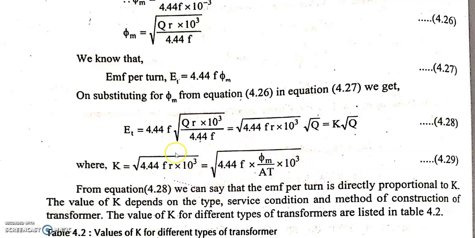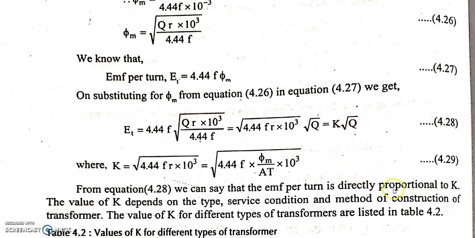So finally we will be writing K as square root of 4.44 F into R, where we know R is φm by AT, that is the ratio between specific magnetic loading and electric loading, into 10 to the power minus 3. So our EMF per turn, see here, is directly proportional to this proportionality constant K and the square root of the kVA output of the transformer.